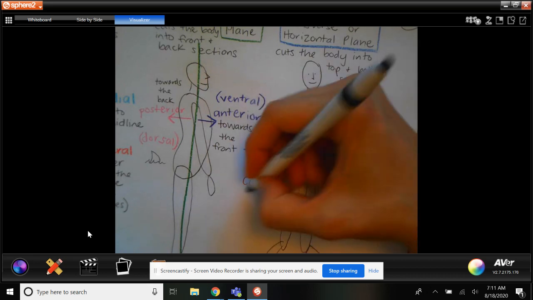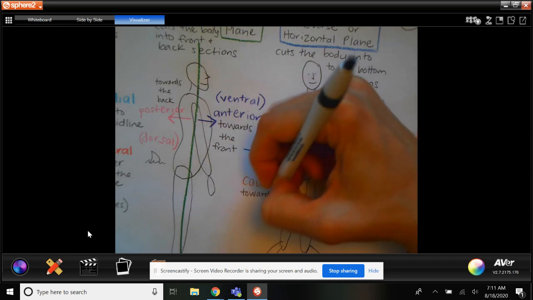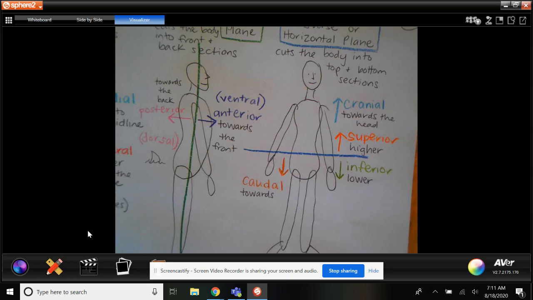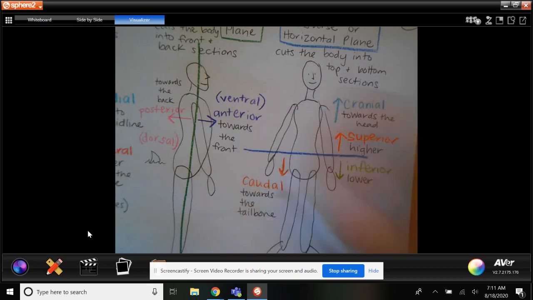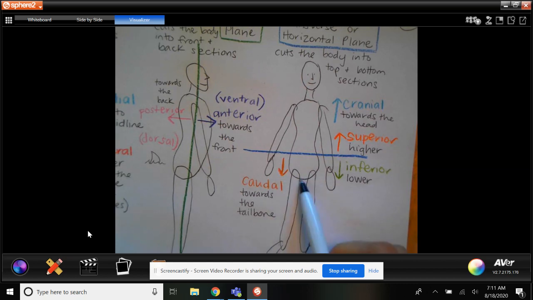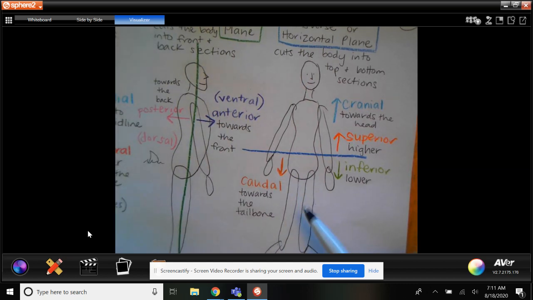So it doesn't work for the legs, because if you were down at your ankles, you wouldn't say you're towards the tail. But it works for the upper part of your body, because your tailbone's down at the bottom of your butt.